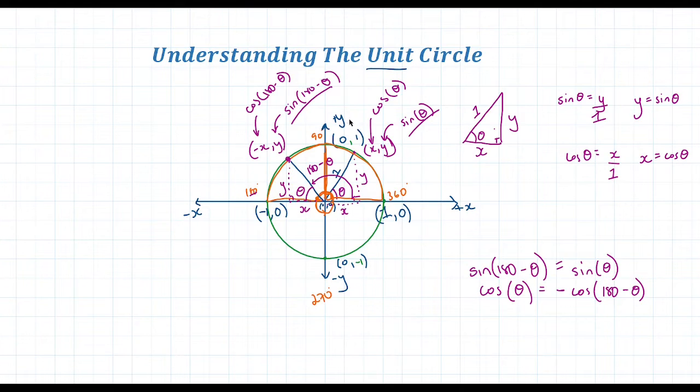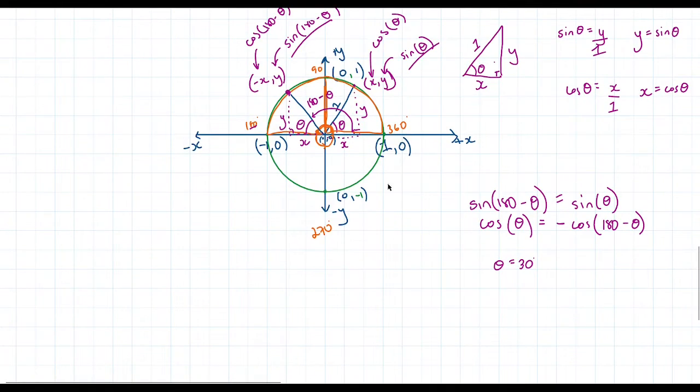Now let's look at an example. Say, for example, our theta is 30 degrees. What does that mean? If this was 30, we're saying that this y length is going to be sine 30.